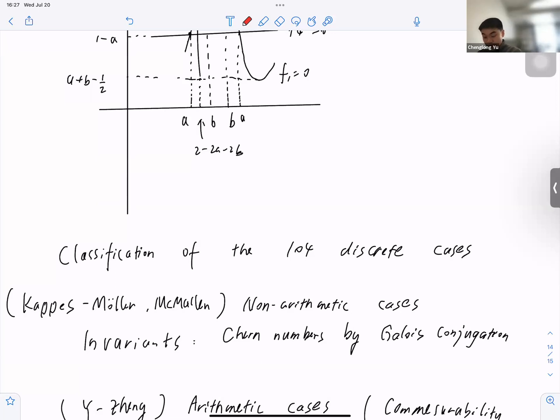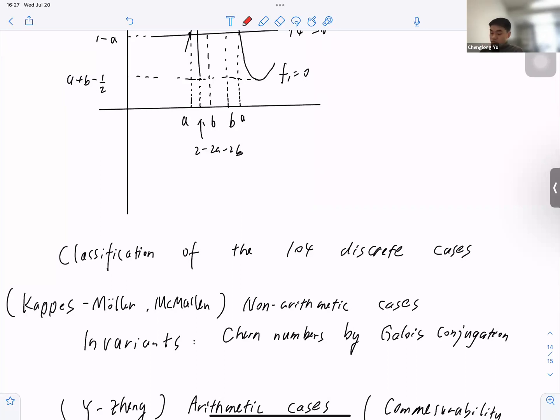And it was a result of Capes-Muller, and also later Macmillan has a simpler formula. So the original motivation was to study Lyapunov exponents for flat surfaces, and Macmillan's motivation is more about the volume or the Gauss-Bonnet theorem for moduli spaces.